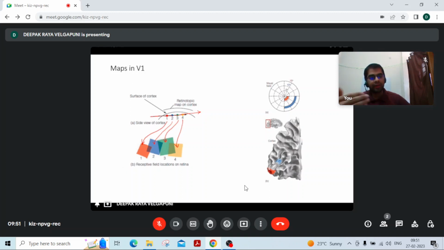This way you have correspondence maintained between actual visual space: neighboring points in visual space correspond to neighboring points in maps, and that way you maintain the topological structure, and that is why these are called maps. So in the real world also the maps maintain the topological structure, like points neighboring in real space have neighboring points in the map also.